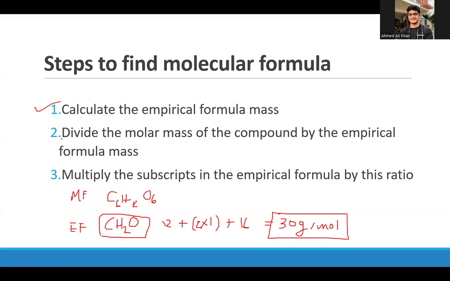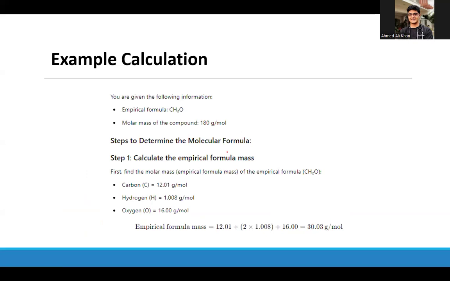Next, you divide the molar mass of the compound by the empirical formula mass. Then you multiply the subscripts in the empirical formula by this ratio. We'll go over an example. We have the same example: CH2O, the empirical formula, has been given.